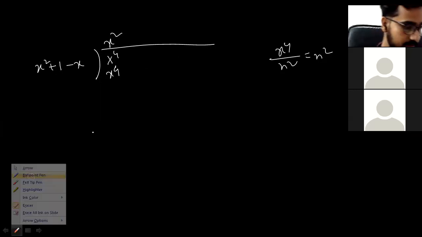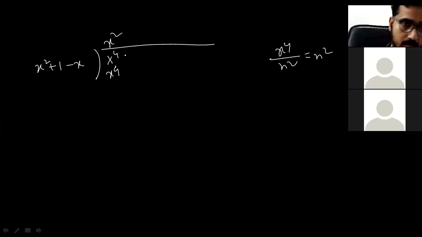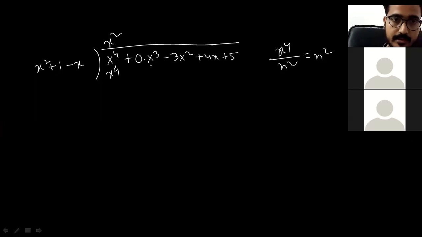We can write x to the power 4 plus 0 into x cube, then minus 3x square, then plus 4x, then 5. Why am I writing this x cube? Because when you multiply this x with x square, you will get x cube, so that we can put the term accordingly.